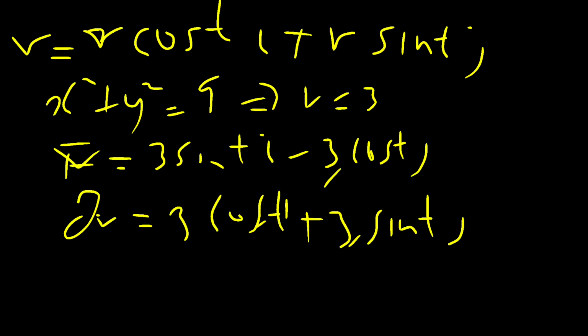If I do F dot dr, it is a dot product, so you don't get a vector.